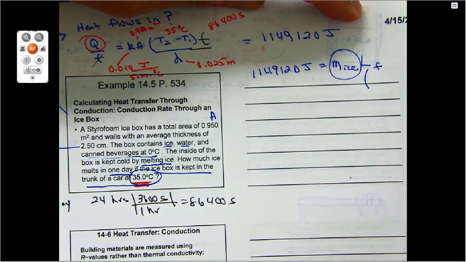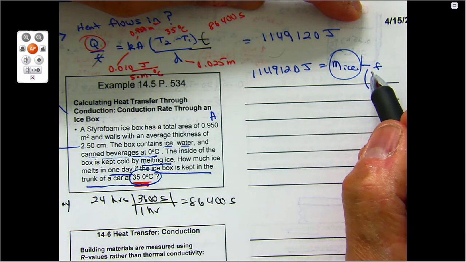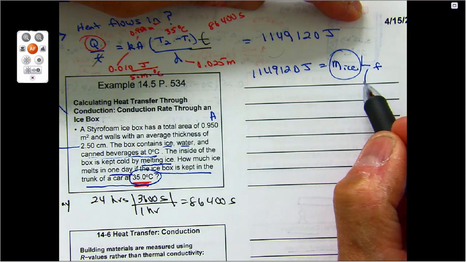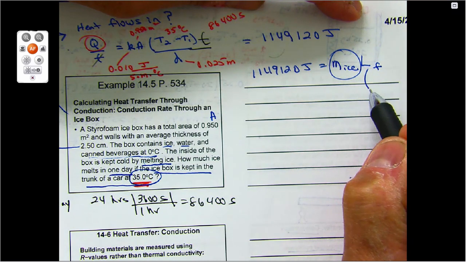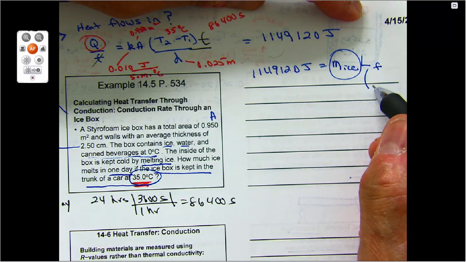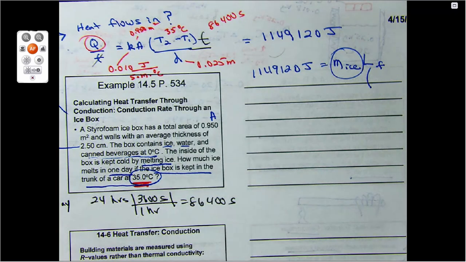If this is in joules, how many joules per kilogram? Enthalpy of fusion of ice, we need that value as 333, I'm pretty sure. That kilojoules?